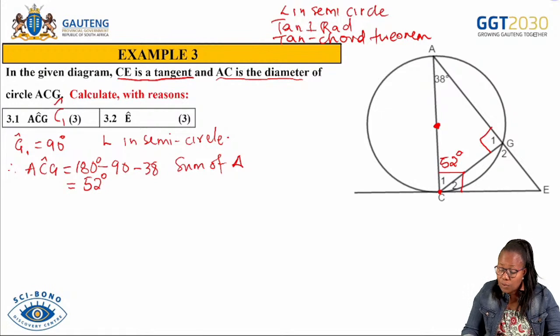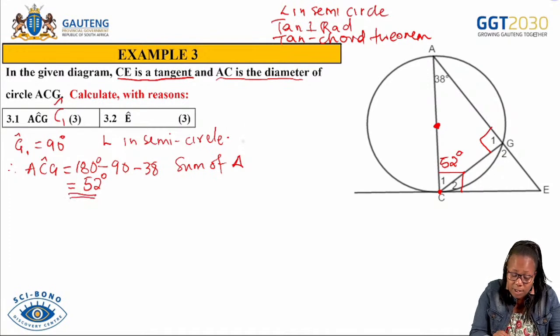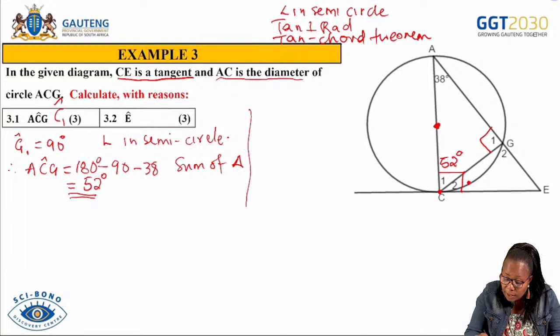Alternatively, if you want to answer this question, there is another way. You can start by finding this angle C2 here, because that one is tan chord, tangent to chord.